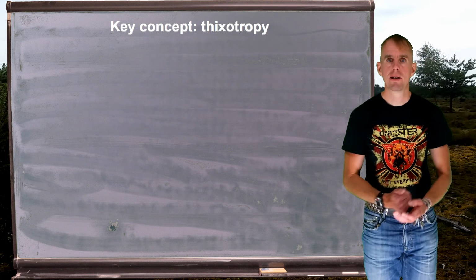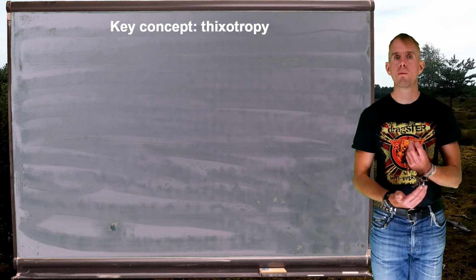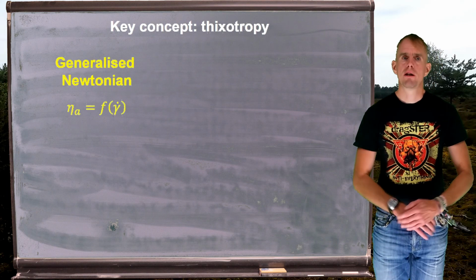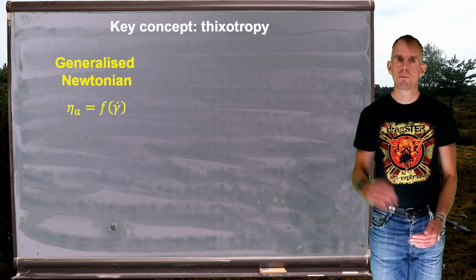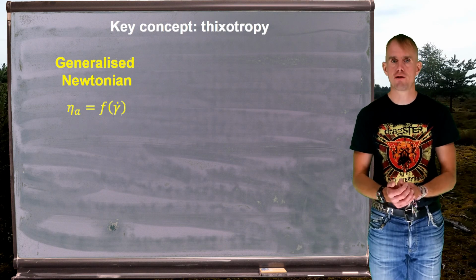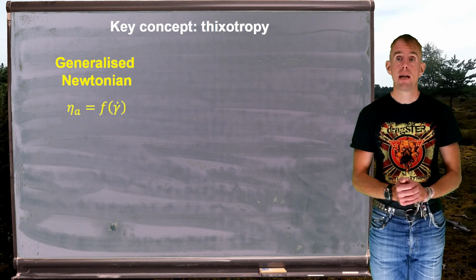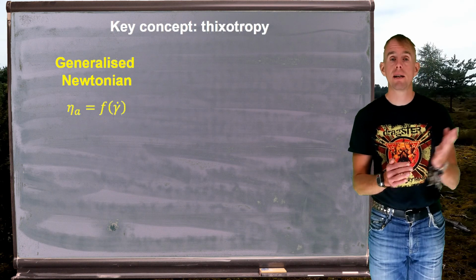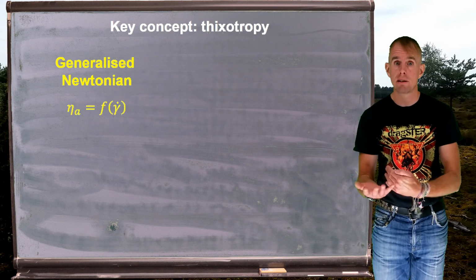So to start with, let's formally introduce what we mean by thixotropy. When we talked about generalised Newtonian fluids, we said that the apparent viscosity is instantaneously linked to the deformation rate, the shear rate. If we had a change in deformation rate, the apparent viscosity would instantaneously change with it.